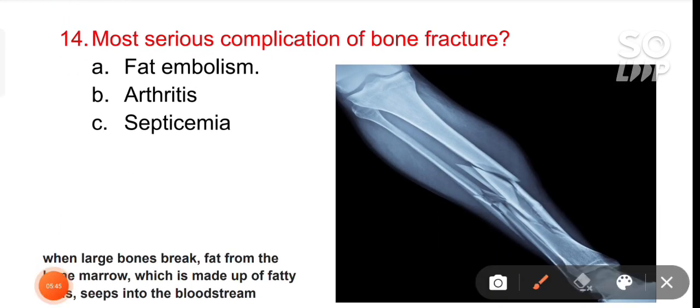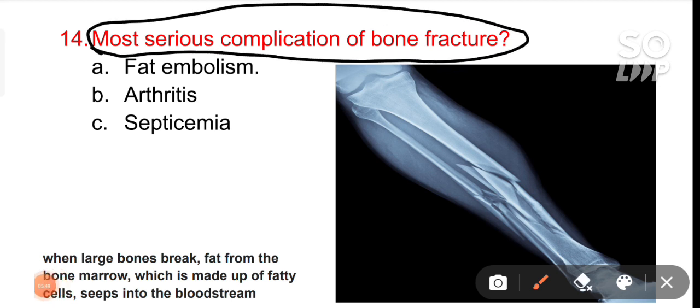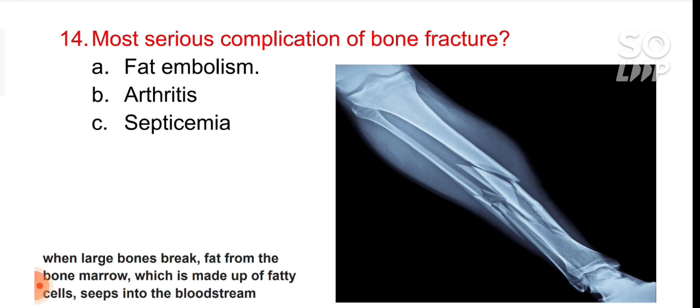The next question is, what is the most serious complication of bone fracture? We all know that most patients have bone fractures due to road accidents or falling on the ground. Among all the types of complications, which is the most serious complication of bone fracture?